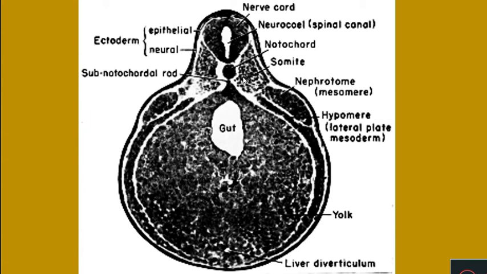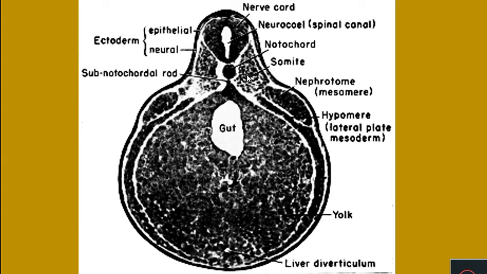So once again, after notochord formation, the mesoderm will fully separate from the notochord, and in the whole length of the body of this embryo, the mesoderm will be compartmentalized, and each compartment has three parts: the dorsal epimere, the middle mesomere or nephrotome, and the ventrolateral hypomere. Now we will go further.